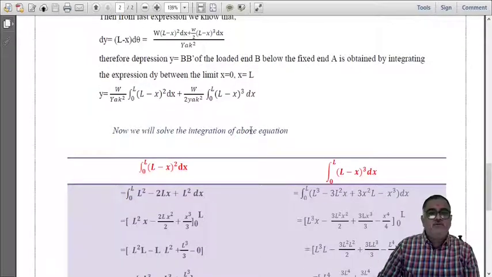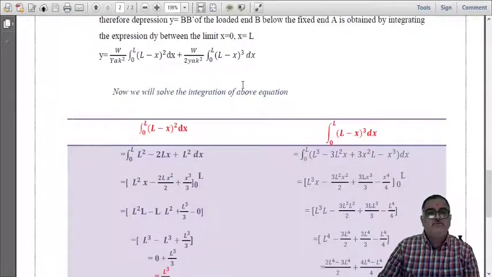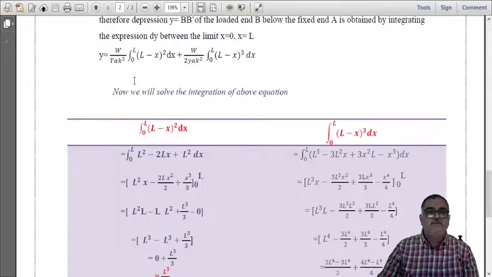Now we will first solve the integration of our equation.